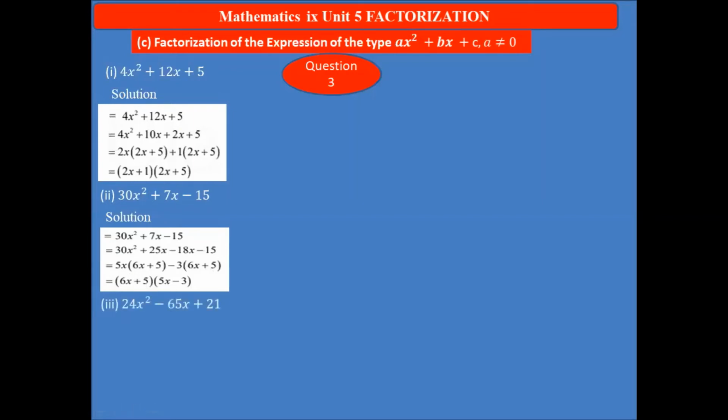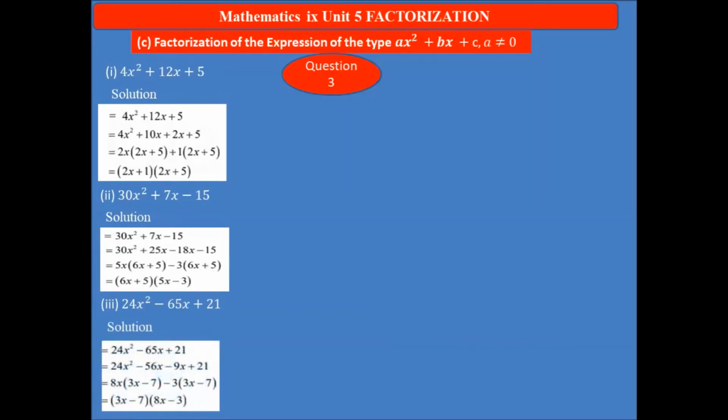Part 3, 24x square minus 65x plus 21. Solution. Here we have minus 56x and minus 9x. These are the two required numbers. When we add up these two numbers, we have minus 65, and when we multiply these two numbers, we have the required number.